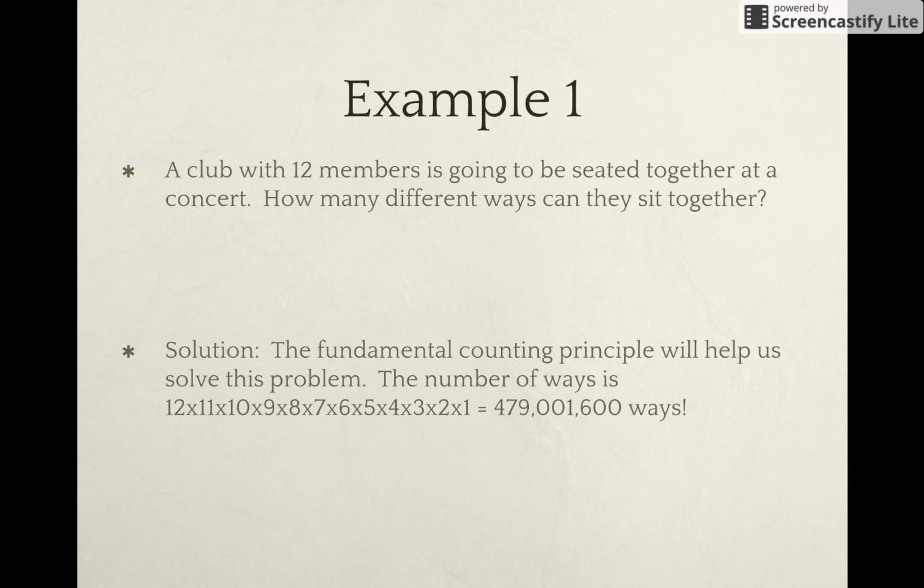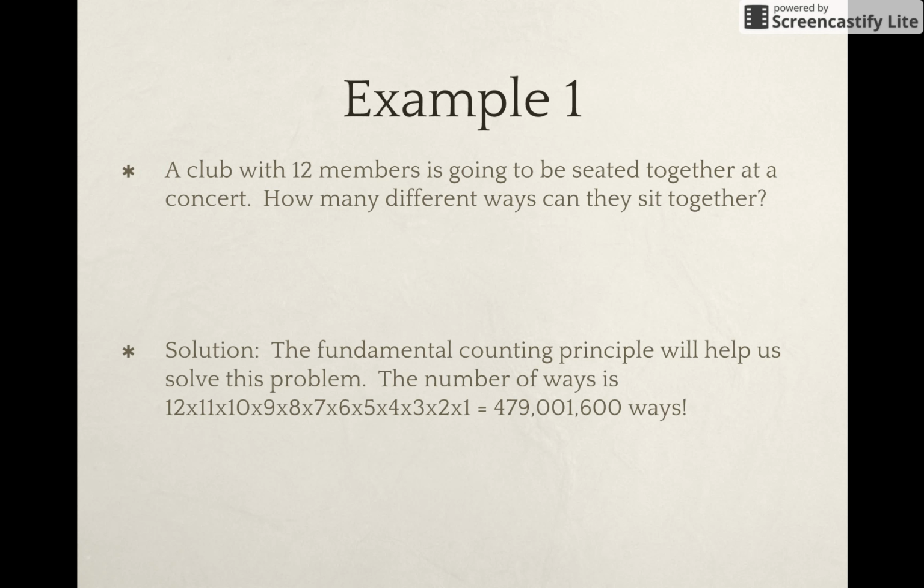Let's take a look at an example. Suppose we have a club that has 12 members, and they're going to be seated together at a concert. We might be interested in how many different ways they can sit together. The fundamental counting principle will still help us find this solution. In this case, we have 12 seats, so we will consider this to have 12 events in the fundamental counting principle language.